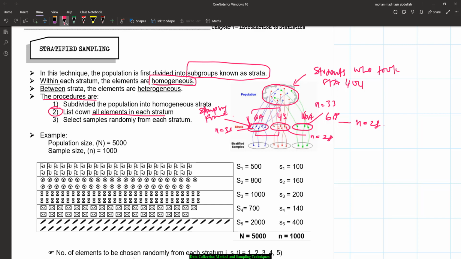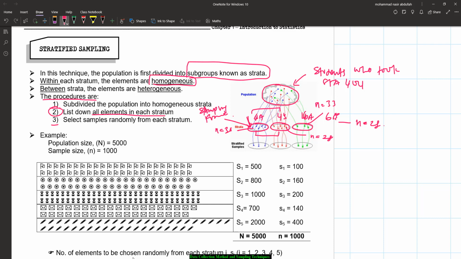Not the whole population, but for each group. But basically we're going to get the whole population anyway, right? But for each group we are going to have a separate sampling frame, right? And then we're going to select samples randomly from each stratum.